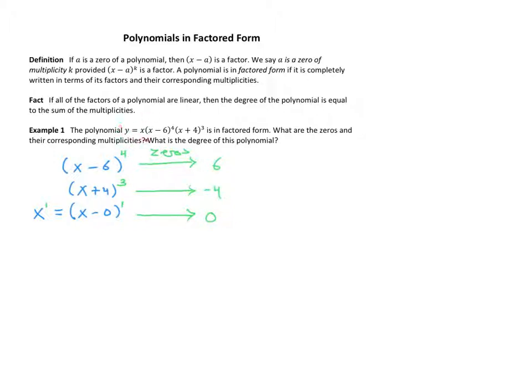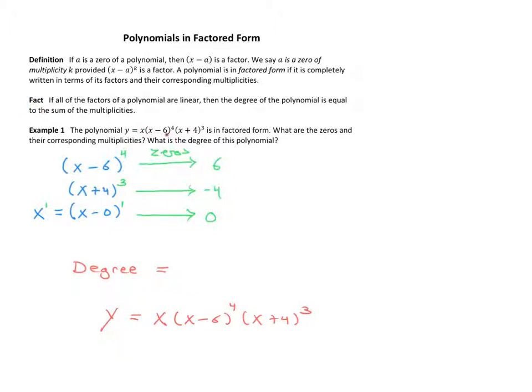The last thing is, what is the degree of this polynomial? So I'm going to write down the equation again. What's the degree? So the equation is y is equal to x times x minus 6 to the 4th times x plus 4 cubed. And here I wrote this fact.